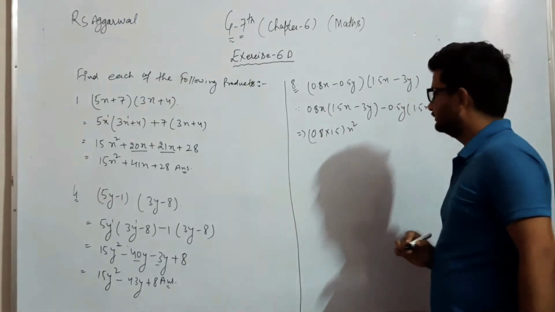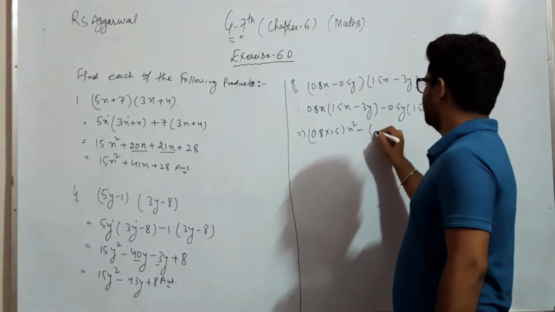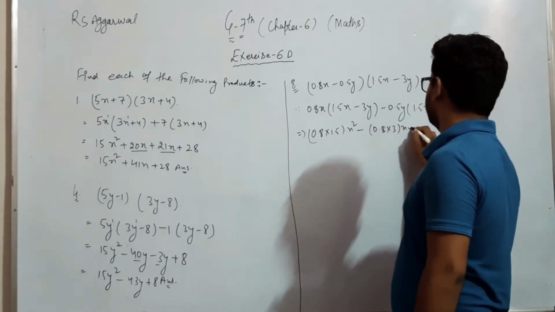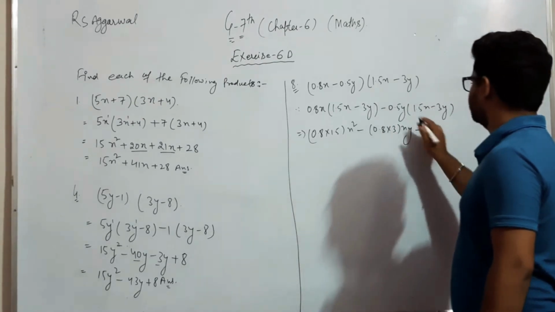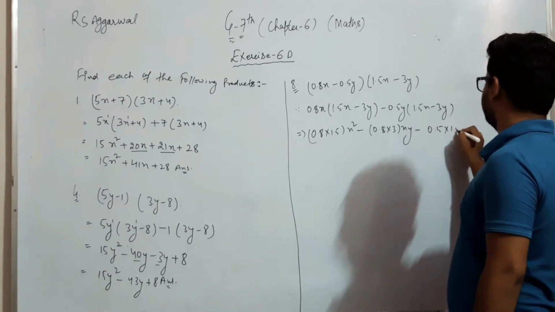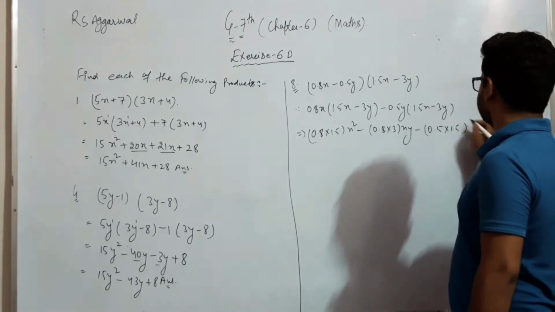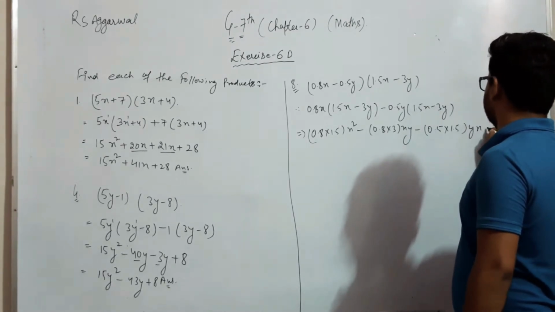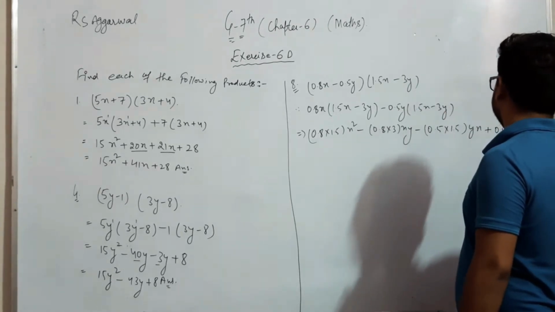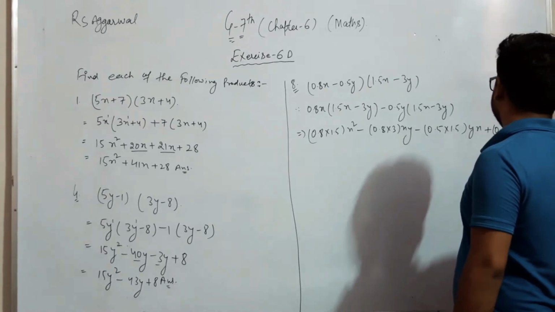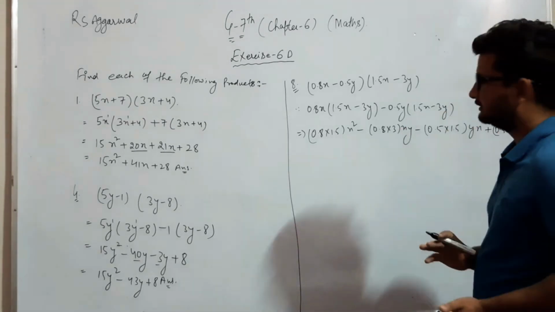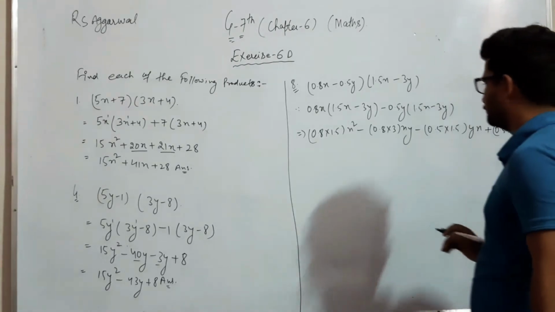Then minus 0.8 multiplied with 3, then x into y. Second, minus times minus 0.5 multiplied with 1.5 and yx. Then minus times minus, 0.5 is multiplied with 3 into y raised to power 2, because y times y becomes y raised to power 2.